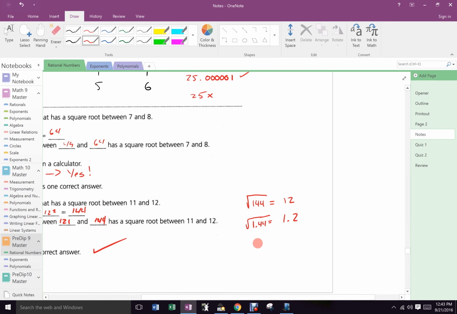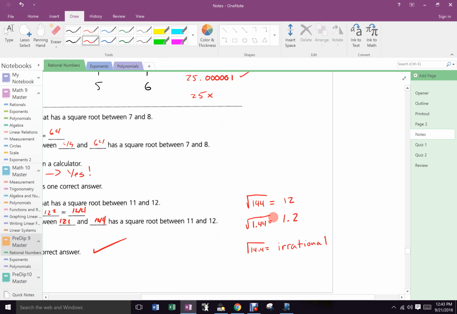What do you think, then, the square root of 14.4 is? An irrational number. That is irrational.